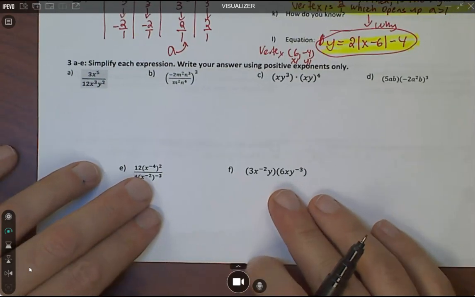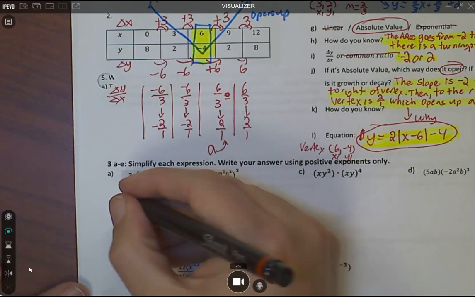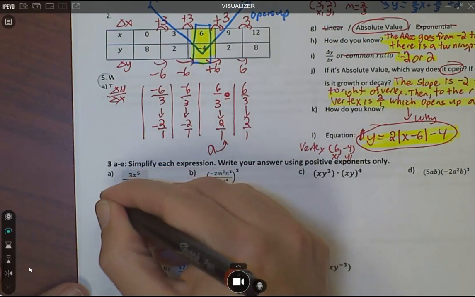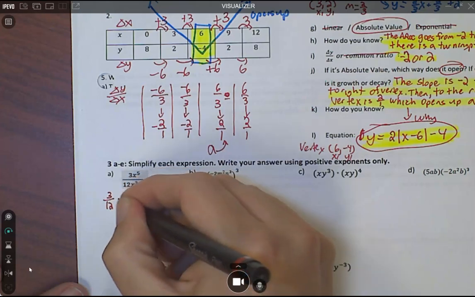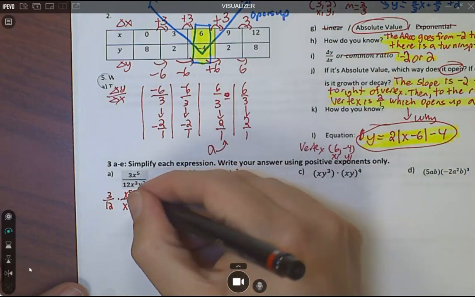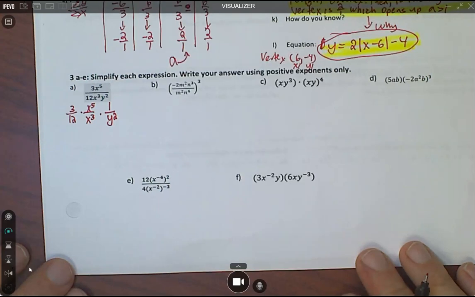So let's look at A. Okay. This breaks down into 3/12 times x to the 5th over x to the 3rd times 1 over y squared. So that's the way you could break it up, is y squared's on the denominator.